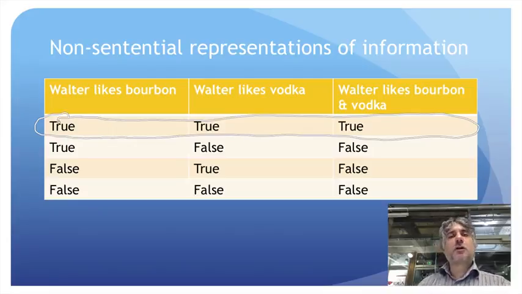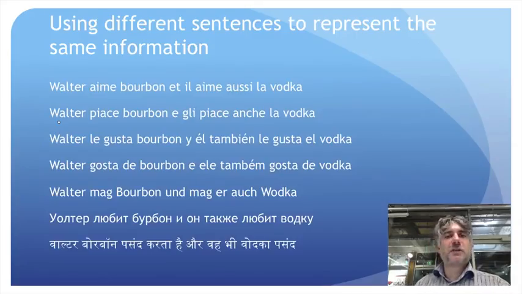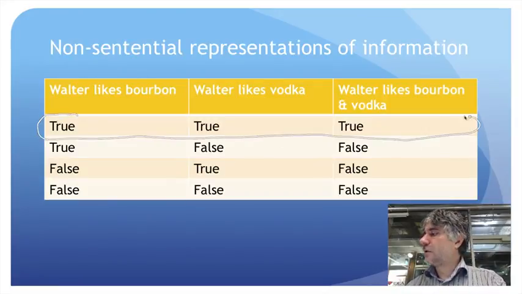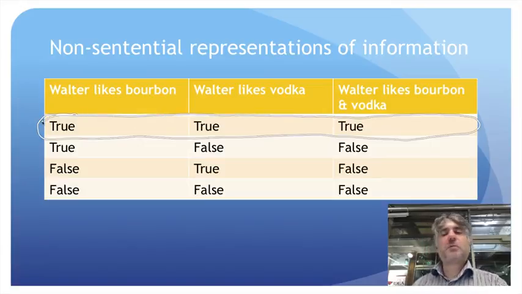Okay, now when we circle that particular row of the truth table, what we're doing is expressing the very same information that we expressed using one of these 7 sentences earlier. Right? There's no difference in what information we're representing. We're just representing it without using a sentence. We're representing it by circling a row of the truth table. So it's just a different way of representing the same information.